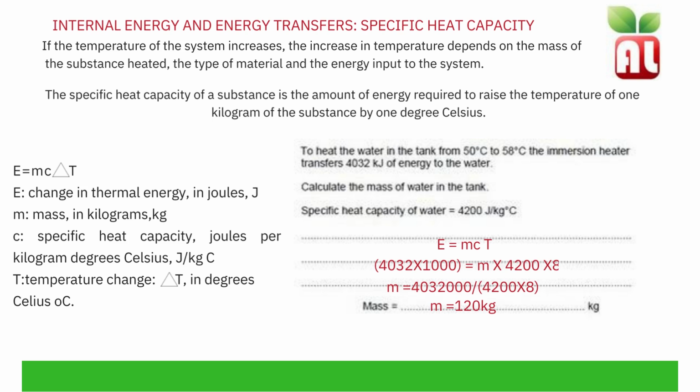Our equation becomes 4,032 times 1,000 will equal the mass times 4,200 times 8. The mass is 4,032,000 joules divided by 4,200 times 8, giving us a mass of 120 kilograms.